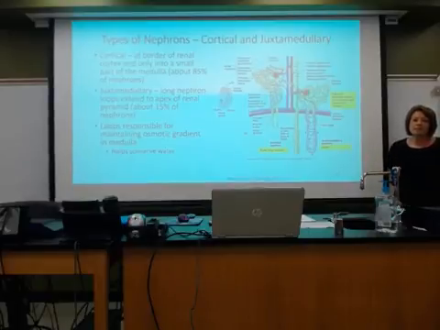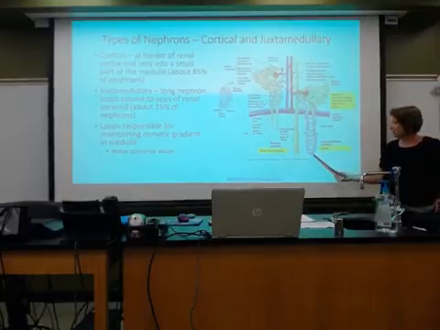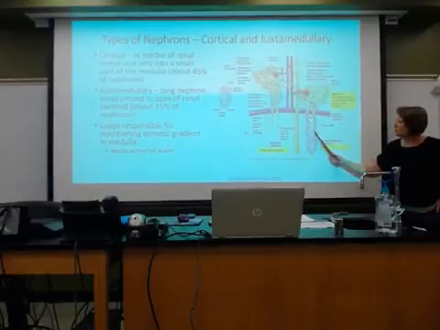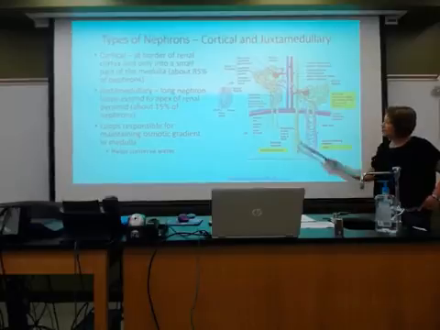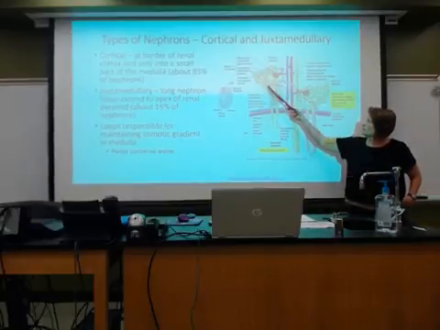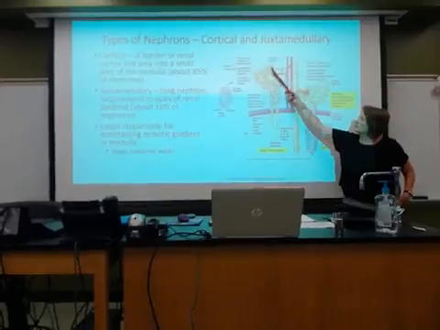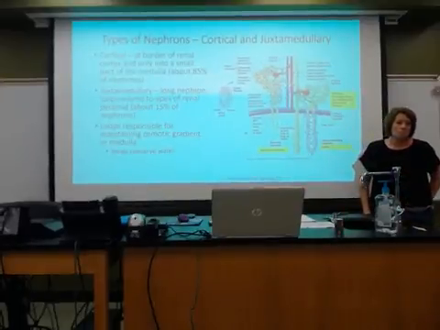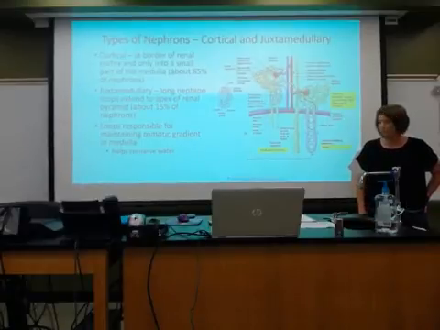The ones that dip way down, the juxtamedullary, this capillary network is termed the vasa recta. Up here, that capillary network is more around this DCT, PCT. Okay, is everybody kind of following me on this one? All right.